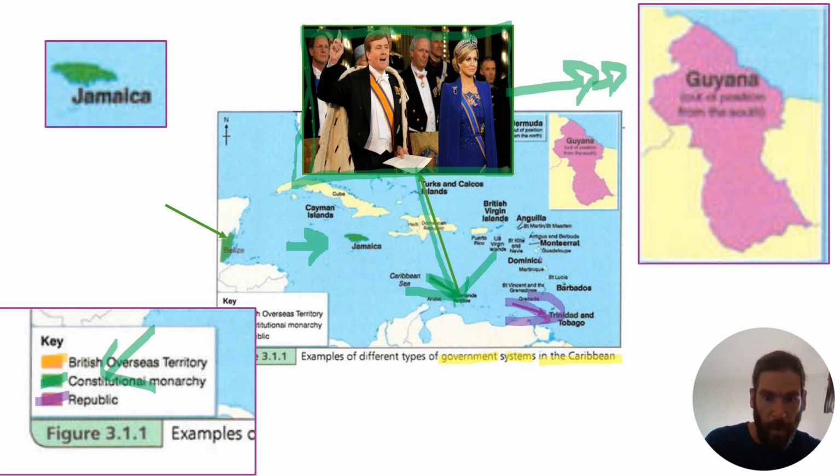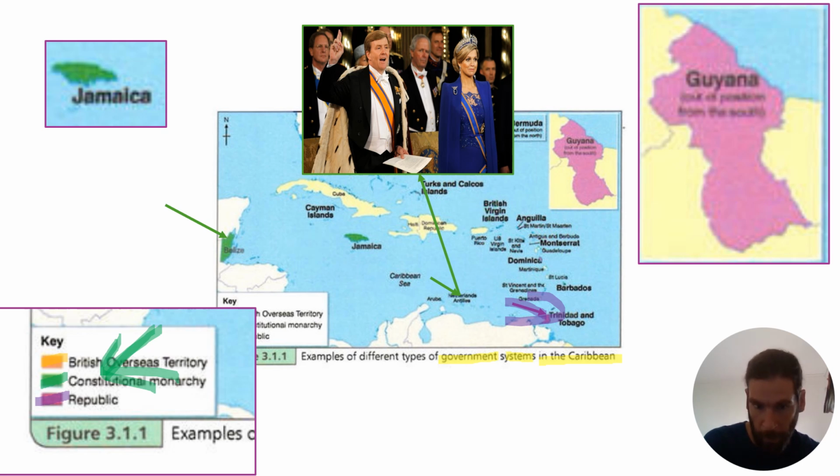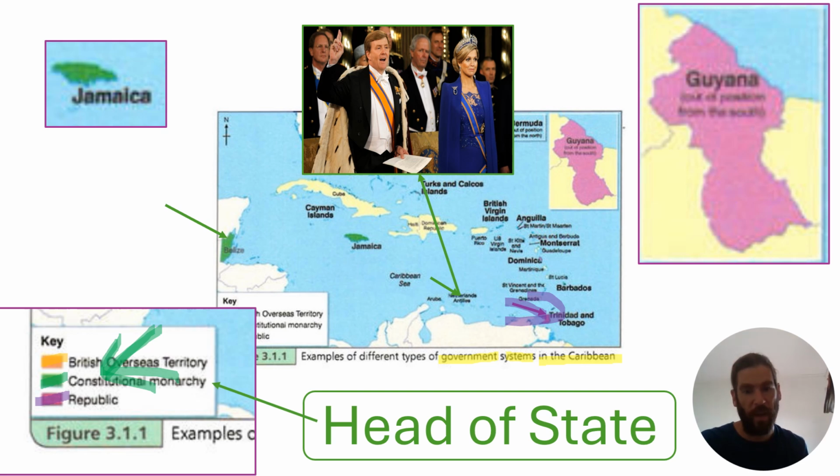They're king and queen of Sint Maarten, Saba, and Statia, and of Aruba, Bonaire, and Curaçao, the ABC Islands. So that's why we are a constitutional monarchy, because there also are a king and queen, in other words, there also is a head of state. King Willem-Alexander is our so-called head of state, like you can see here.